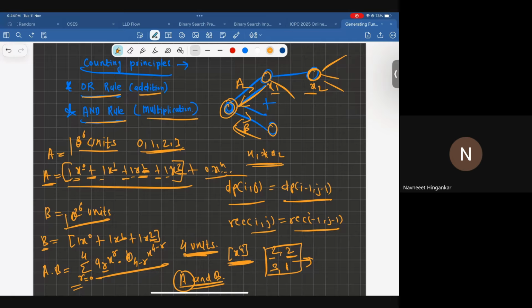Okay, I will also take the PDF example. In the PDF, for the OR rule, they add their polynomials, correct? So if you have the option of A or B, you just add their polynomials. Apple's polynomial x square, banana's polynomial x cube, and you will just add them.